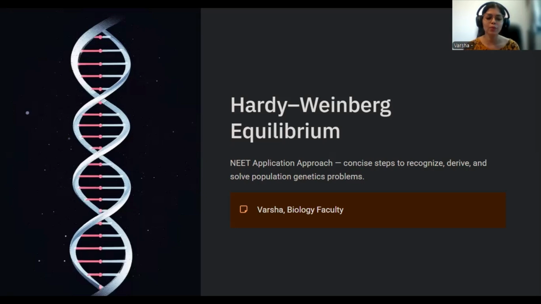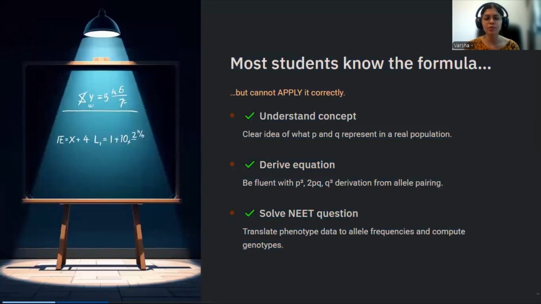Hello, everyone. Today we will understand one of the most important principles in population genetics, which is Hardy-Weinberg Equilibrium. Most students know the formula, but they cannot apply it correctly. So after this video, we will try to understand the concept better, what P and Q actually represent in a population.